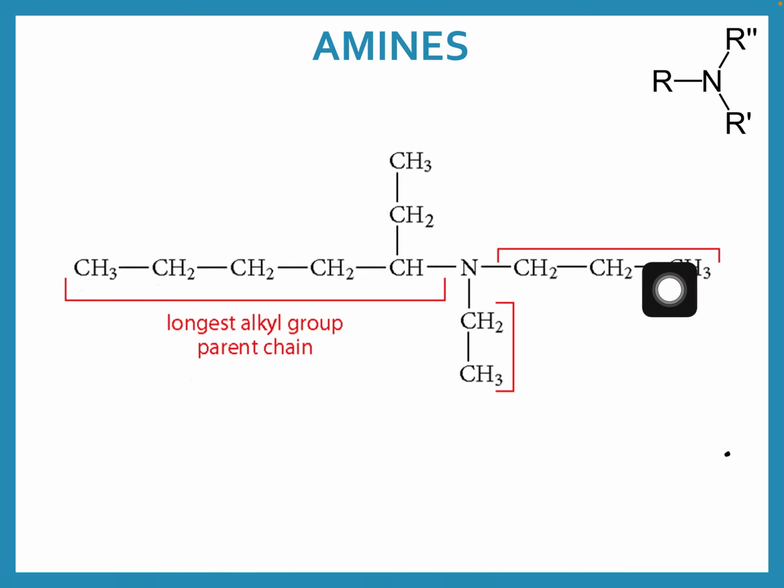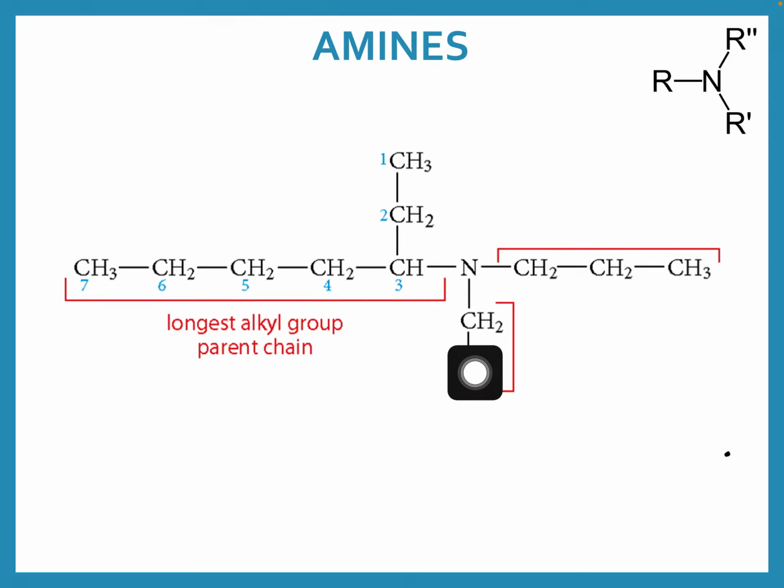We only have 3 here and 2 here. And then this is a group that's attached to that longest chain. So if we start our numbering from here, we've got 1, 2, 3, 4, 5, 6, 7 carbons, and the N is attached to the third carbon.